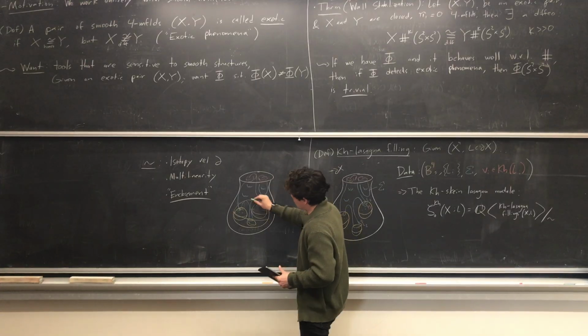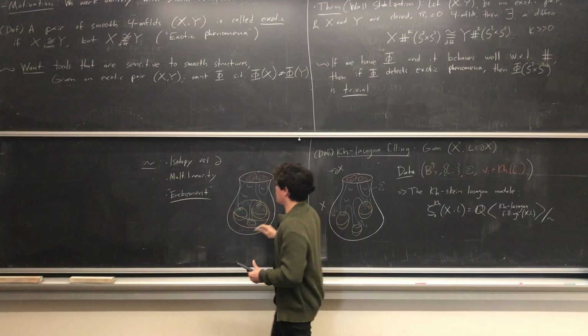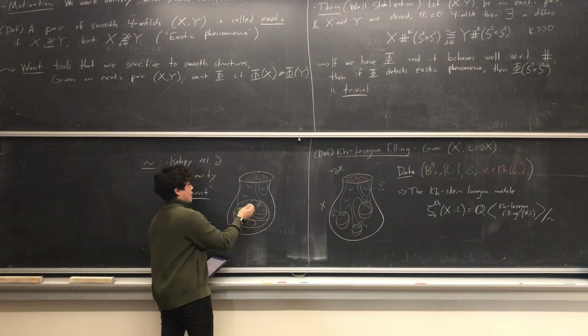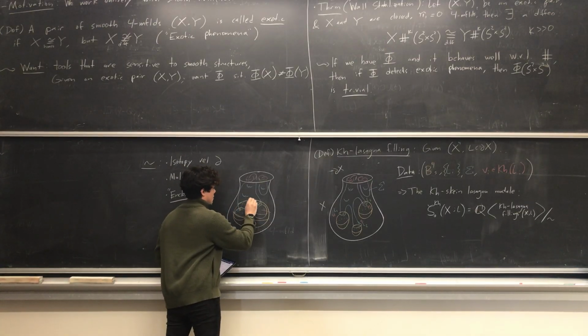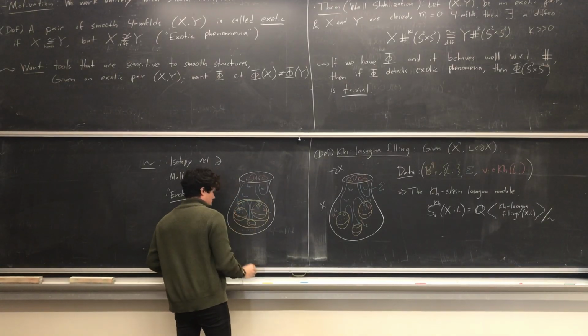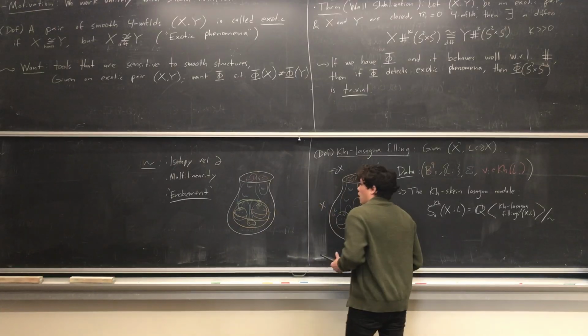Then on the boundary of this 4-ball, this S3 boundary, it intersects my surface sigma in some new link. I kind of drew this badly, but imagine this green is a link.